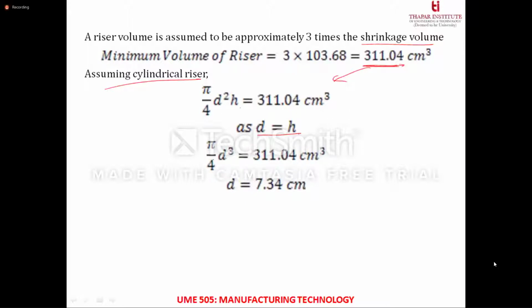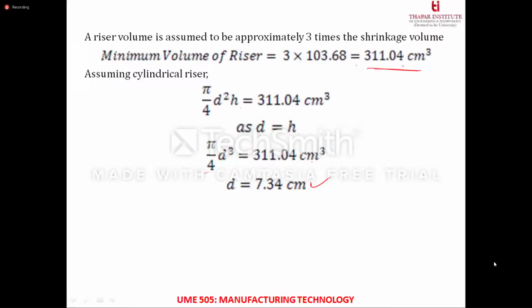So this becomes pi by 4 d cube, that is equal to 311.04. And by this formulation, we can find out d to be equal to 7.34 centimeters. So this is basically the dimension of the riser, which will be able to hold this volume of material in itself.